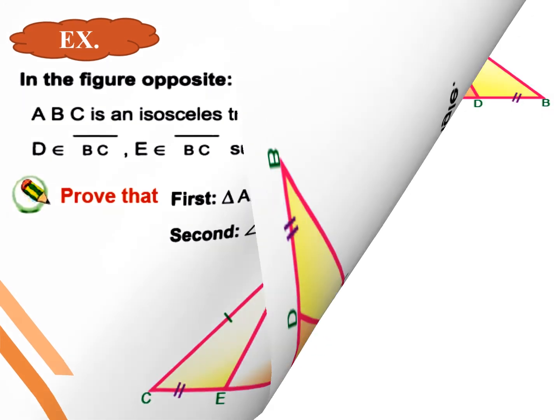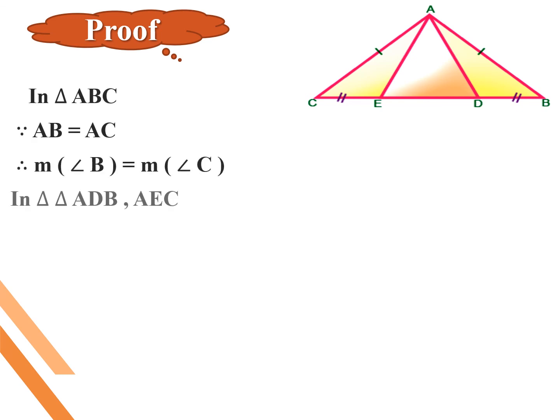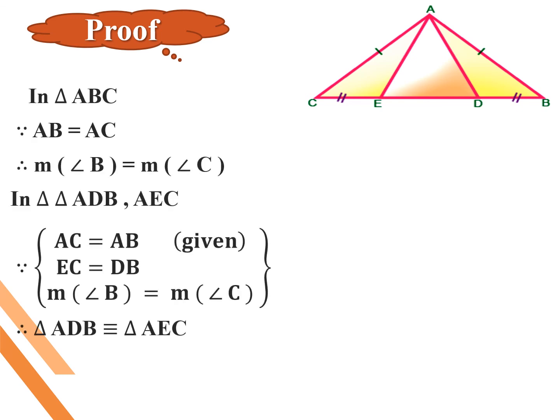Okay, now show the proof. In triangle ABC, since AB equals AC, then measure of angle B equals measure of angle C. Then in the two triangles ADB and AEC, AC equals AB as a given, EC equals DB as a given, and measure of angle B equals measure of angle C. Then triangle ADB is congruent with triangle AEC as side angle side.